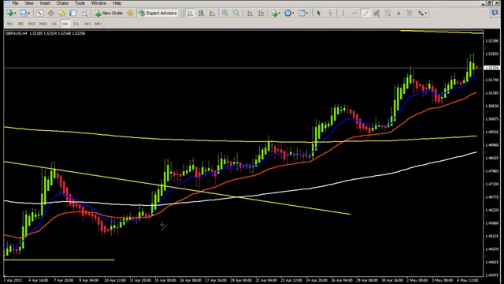Trend line break. Here is your crossover and a touch on the 36, so you find yourself a low point. It doesn't matter where exactly, but usually it's under your trend line, close to the crossover, a little bit before the crossover, it doesn't matter.